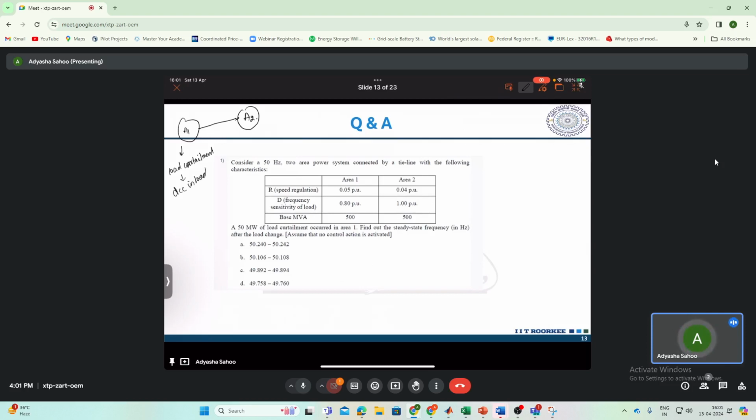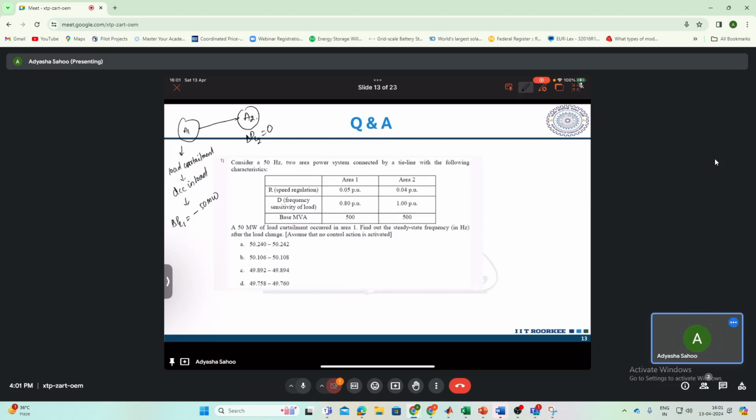So decrease in load means your delta PL1 is minus how much? 50. So delta PL1 is minus 50, and here there is no change. Nothing is given here, so delta PL2 is 0. Under such a condition, you need to find the steady state frequency.